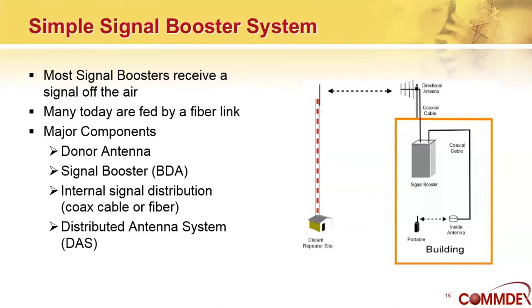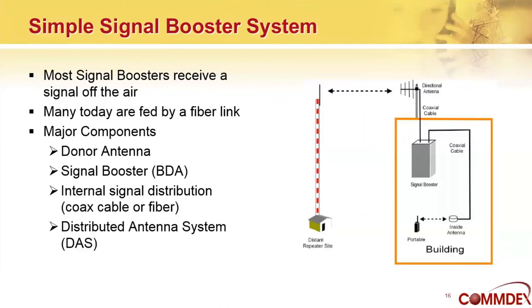So let's see. What's in one of these signal booster systems? Well, the way they work is they basically take a signal off the air from a system that may be some distance away. And because of this distance, the signal is too weak to penetrate the building. So it will take this signal through a directional antenna, typically like a Yagi type antenna, pointed towards the closest system or repeater site.